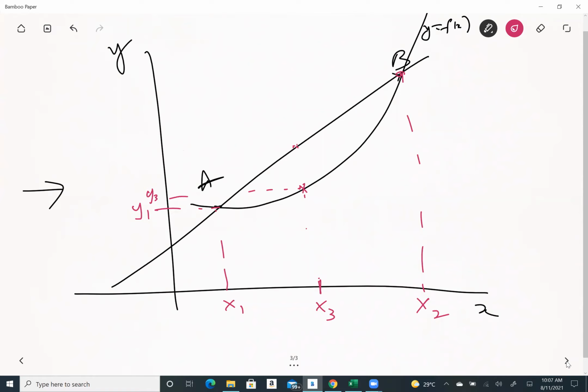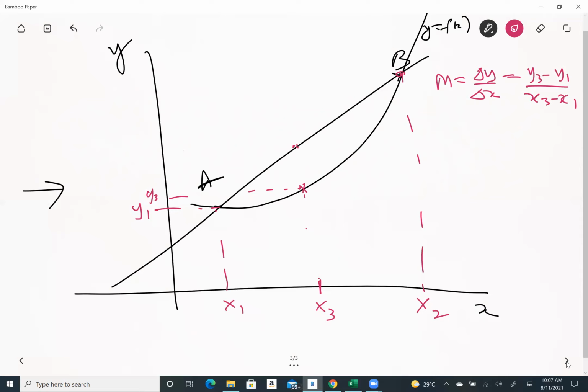So now what is delta x and what is delta y? M is equal to delta y over delta x. Now you have a smaller delta, so delta y now is y3 minus y1 divided by x3 minus x1.